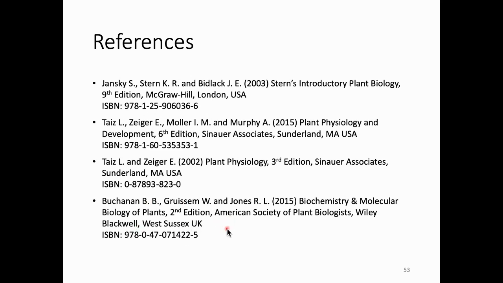The last one is quite detailed and very difficult for you guys, but it has a lot of information. The Taiz one is, I think, a little bit easier than the last one, but I like the last one most.